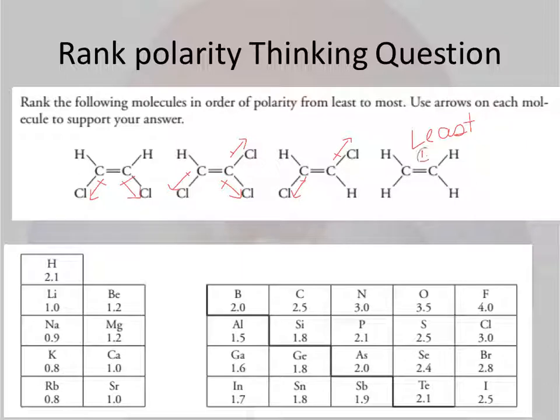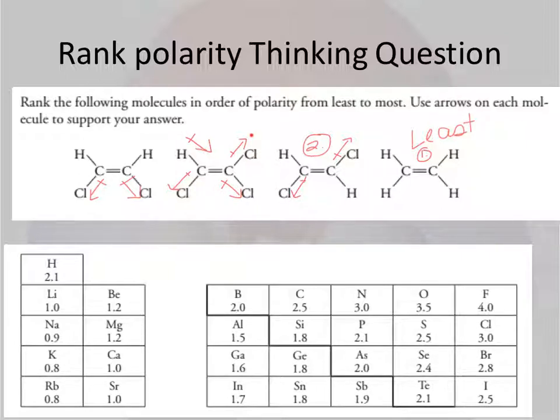All right, now this next molecule, if you'll notice, the polar bonds are kind of opposite each other. So there's a little more symmetry here, and you're going to have more canceling out of these two bonds between themselves. So this would be the second least polar. And then this next one, in general, you've got a dipole going this direction through the molecule as all of these are summed up.